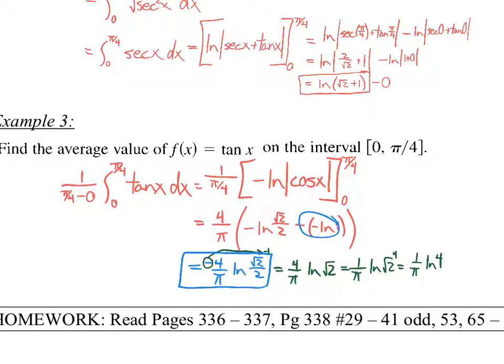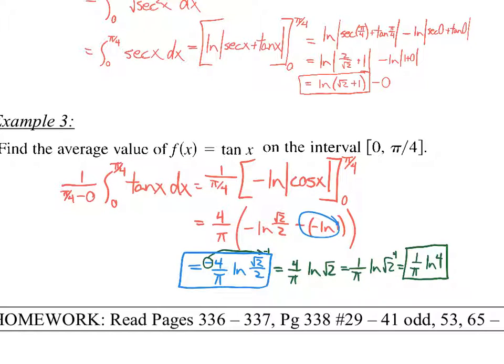Maybe you're told to show that the integral equals 1 over pi ln 4. Or maybe it's a multiple choice, and you get to here and none of the answers match. You may have to do some extra simplifying to see if your answer does match one of the choices, in which case you could keep going all the way down to here.